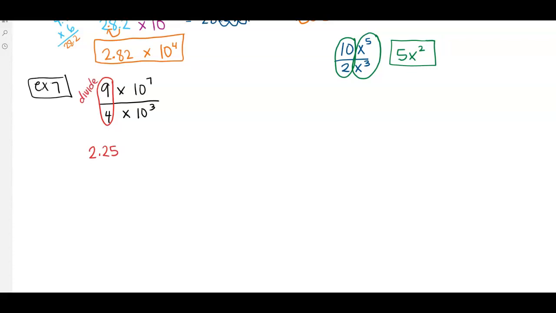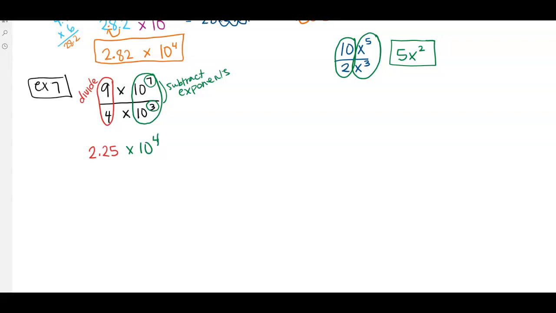And then the other part is, when I'm dividing those, I'm really subtracting my exponents. So I get times 10 to the 4th power.